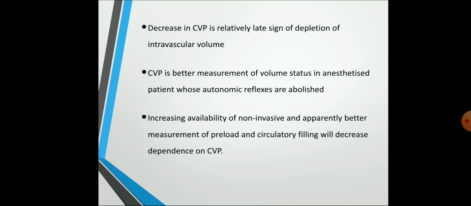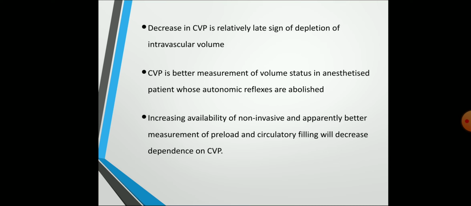Now, a decrease in CVP is a relatively late sign of decrease in intravascular volume. As we told earlier, if you have a trend of decrease in CVP during surgery, it shows that the intravascular volume is less, and you will have to go ahead and give fluids.